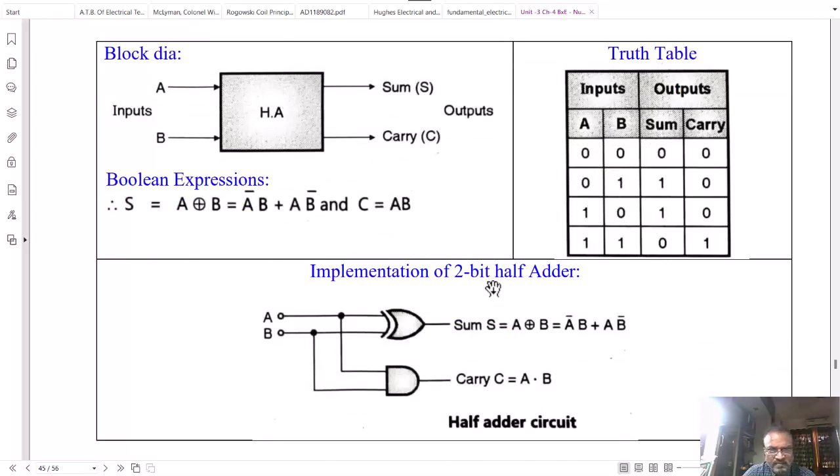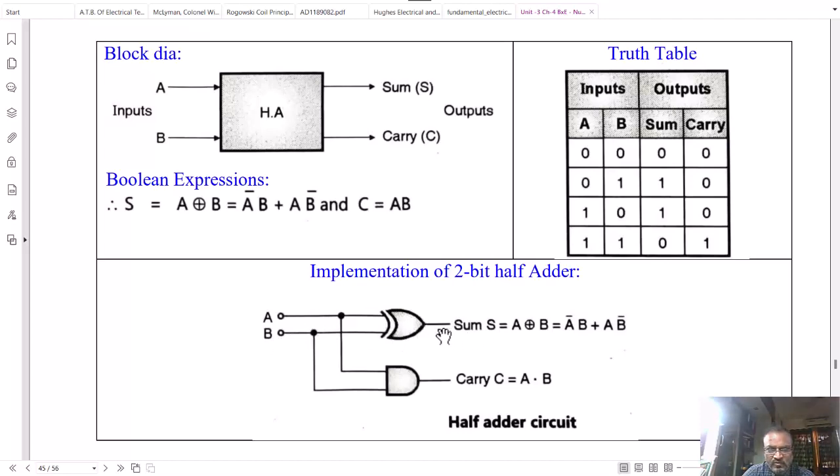Now from this expression, we have to draw the circuit of the half adder. We have already seen how to draw the circuit using expression. So let us use that logic again and draw. Take the two variables A and B here.